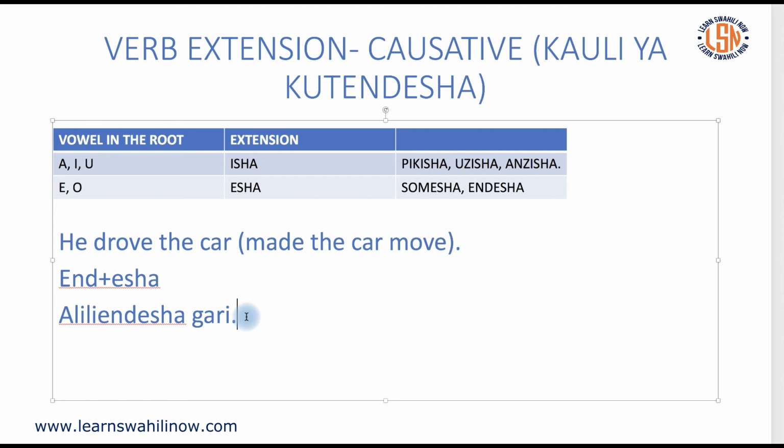But if you're already comfortable, this is how we use that. So aliliendesha gari. Is that clear? A for he, li for tense, li for the object infix, and then endesha, the verb enda conjugated into the causative form.